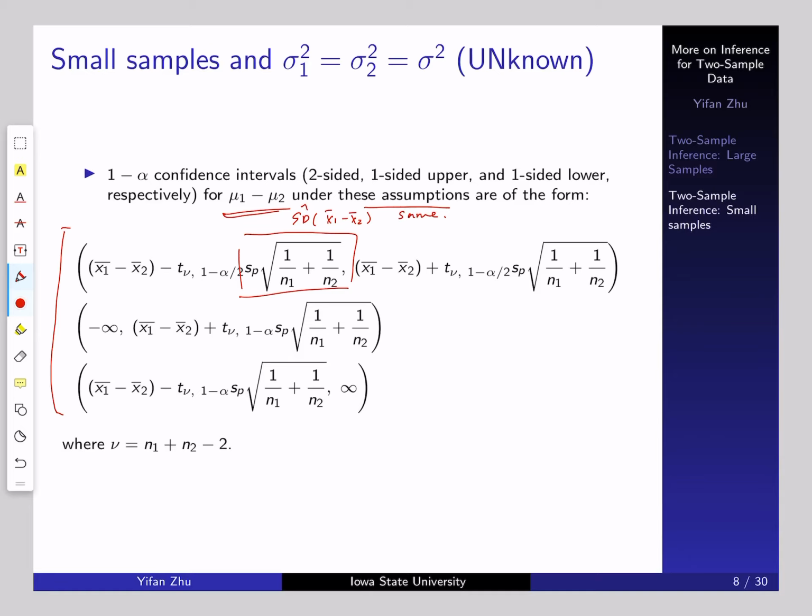We used an estimated version with the pooled sample variance. And we use a t quantile. And the degrees of freedom nu in the t distribution is n1 plus n2 minus 2. Okay.